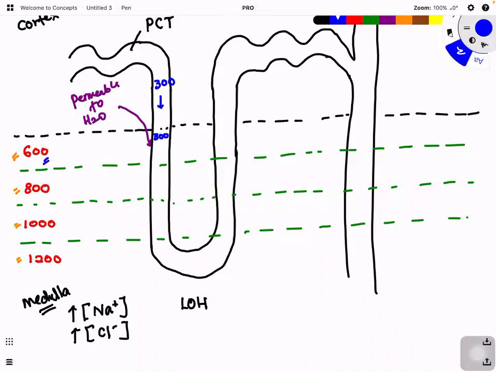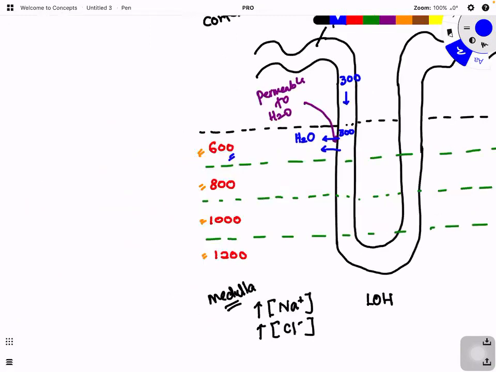So water molecules actually move out by osmosis. We reabsorb them by osmosis. Can you see that? If you look at the formula, concentration is equal to the mass of solute versus the volume. The mass of solute remains the same, no change, right?